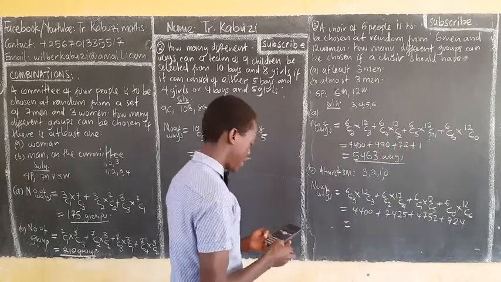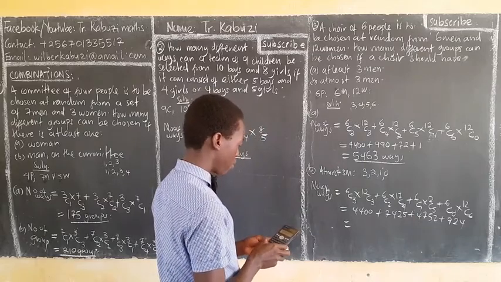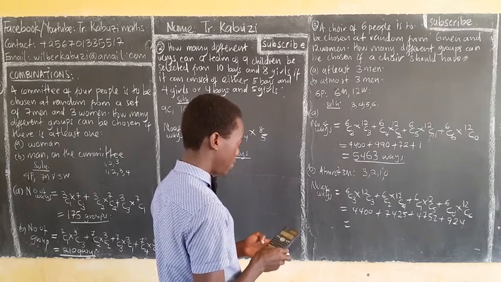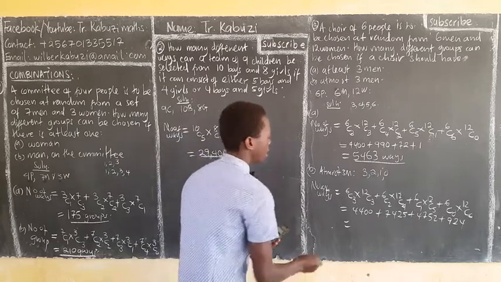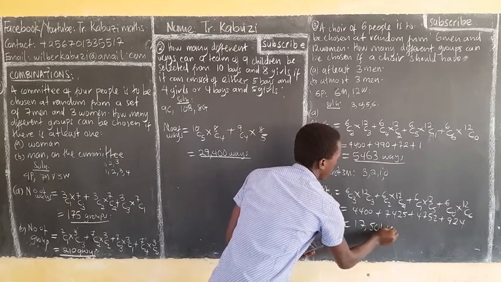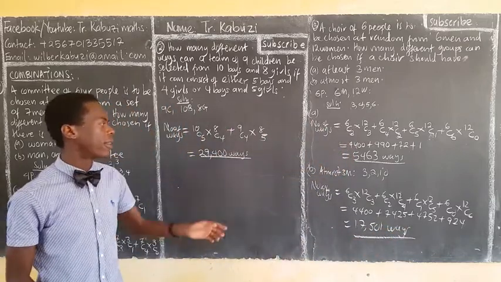Add all those ones, we have 4400 plus 7425 plus 4752 plus 924. That's what we have here. It's 17501 ways. So that's how we handle that case.